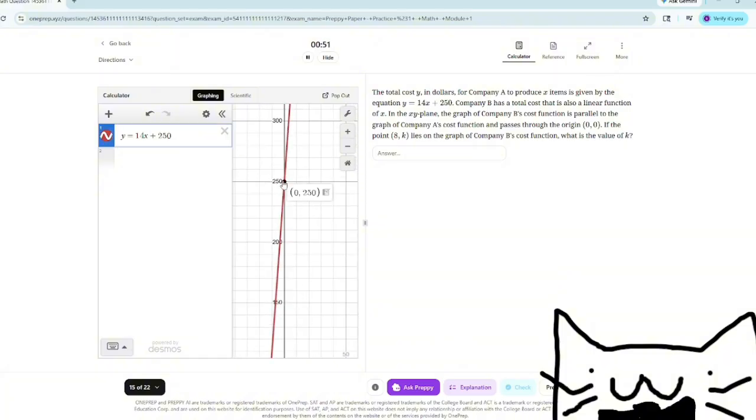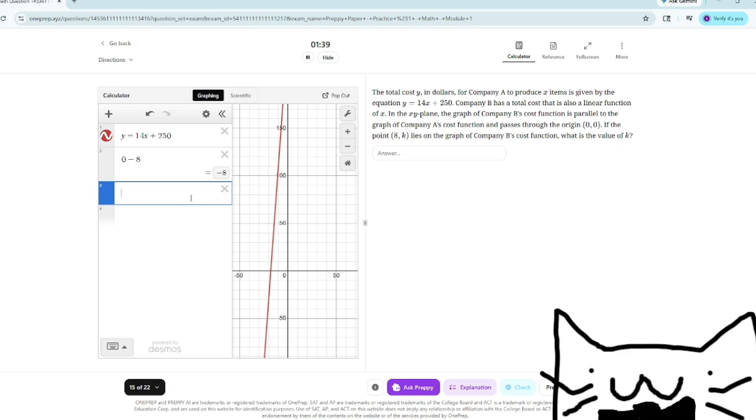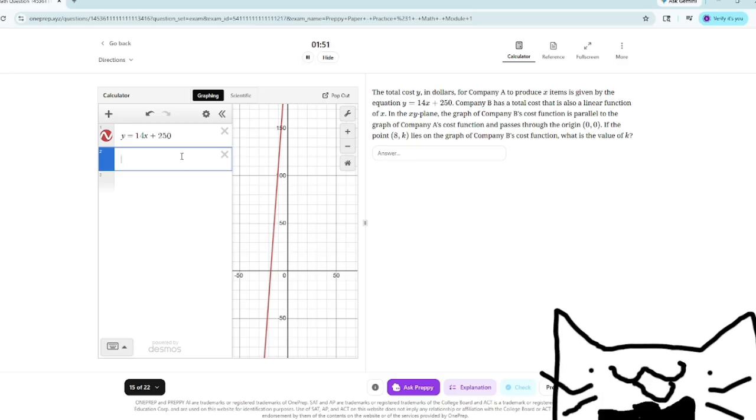If the point 8, k lies on the graph of company B's function, what is the value of k? Okay, so we're given 250. Wait, I might be in a pickle here. Hold on. Oh, actually, never mind, we're not in a pickle. I was kidding. So we want to find the point, right? So k equals 14 times 8, 250 plus 250.